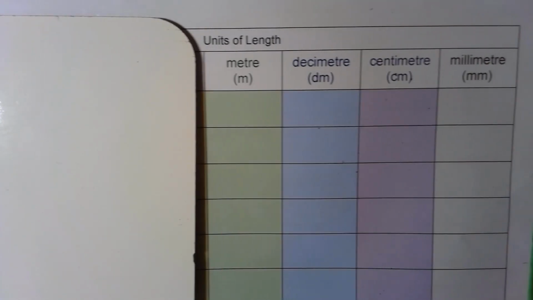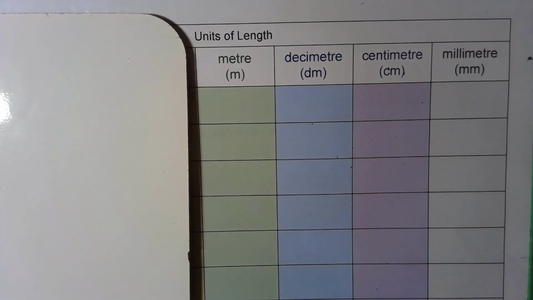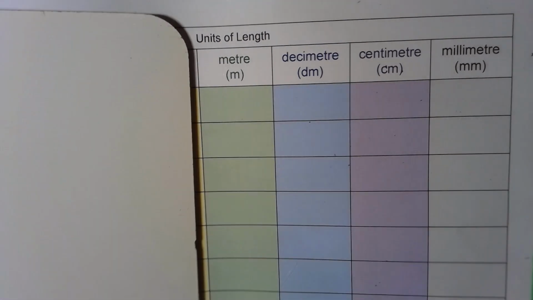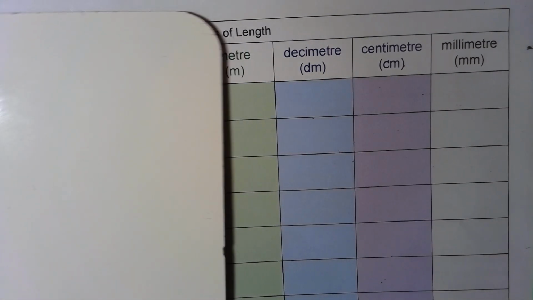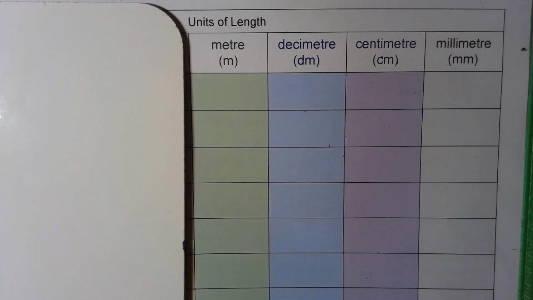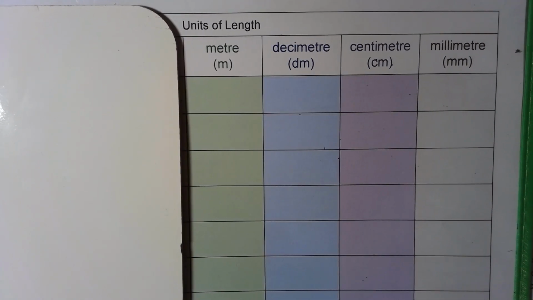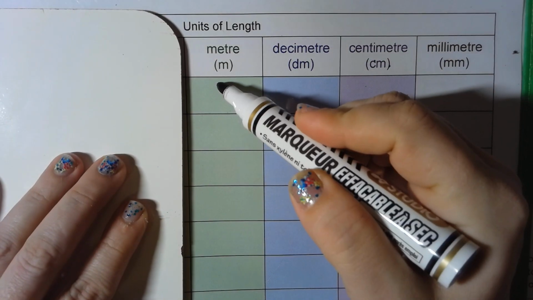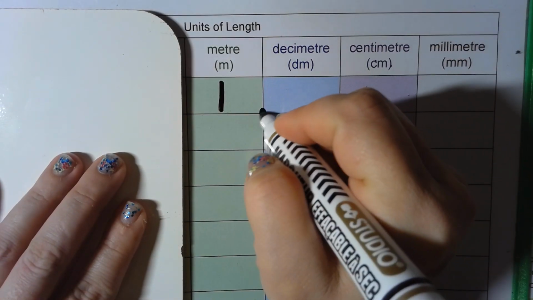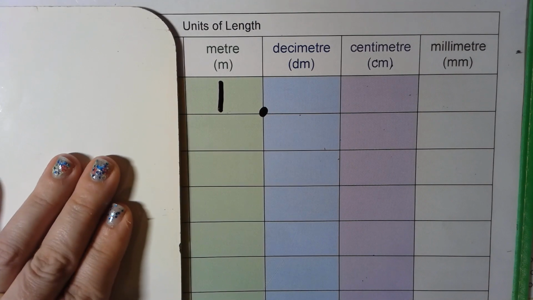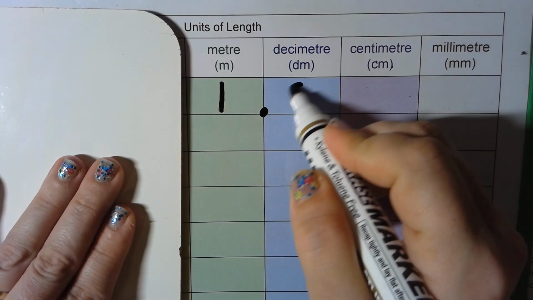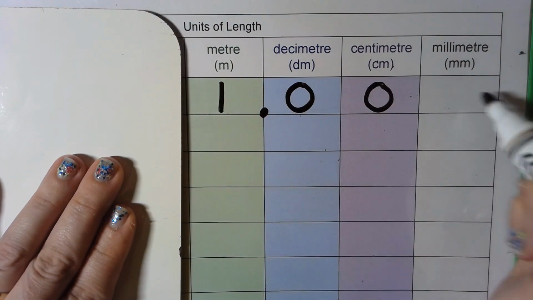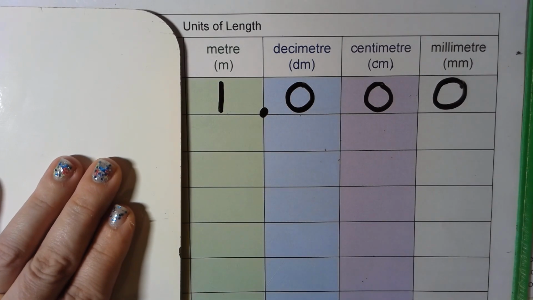Actually, I want to show you something. So here's our chart. You can look at it. It should be on your desk. If you have it, take it out. So, I want to show you something. If I had 1 meter, this represents 1 meter. If I put zeros here, it still equals 1 meter.